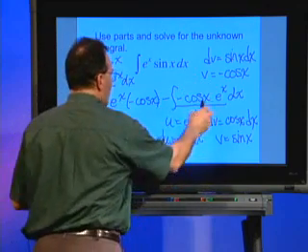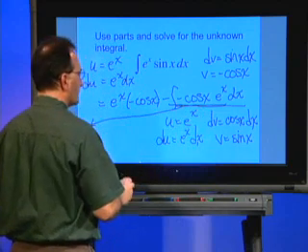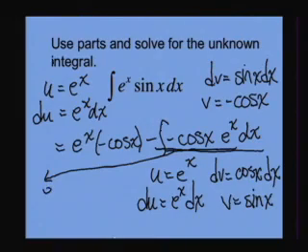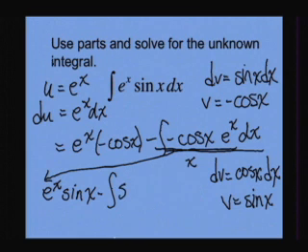So this part here, I will rewrite over here, and it's going to be u times v minus the integral of v, which is sine x, times du, which is e to the x dx. So let me create my space, and I'll write v, sine x, times e to the x dx.